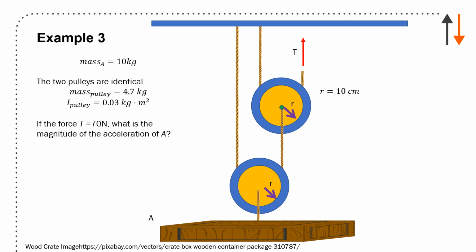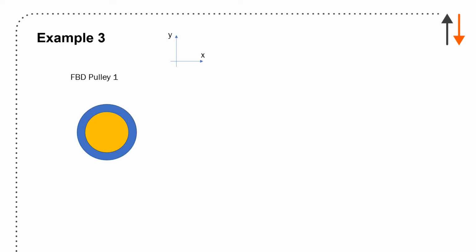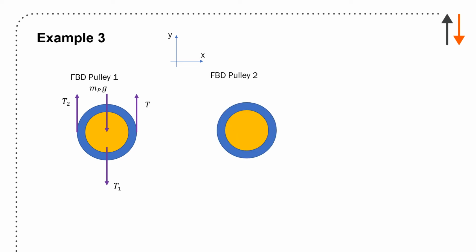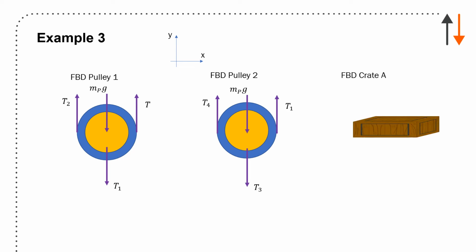So how do I do this? Same thing, basically. I've put in a coordinate system. I forgot to put my rotation, but I'll deal with that in a second. I have free body diagrams of pulley 1, with T and T2, T1, and MPG. I'll have the same thing for pulley 2, different forces, but the same sort of diagram.